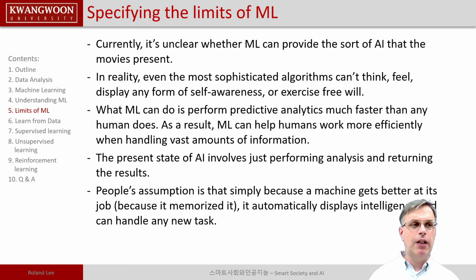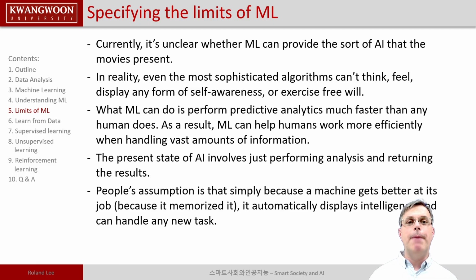Currently, it's unclear whether machine learning can provide the sort of AI that the movies present. In reality, even the most sophisticated algorithms can't think, feel, display any form of self-awareness or exercise free will. What machine learning can do is perform predictive analytics much faster than a human does.